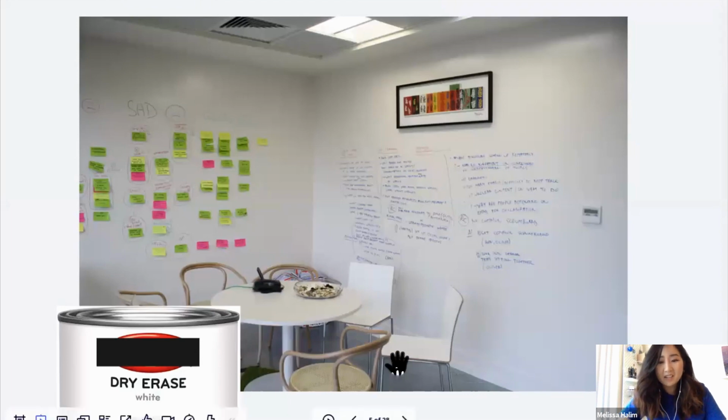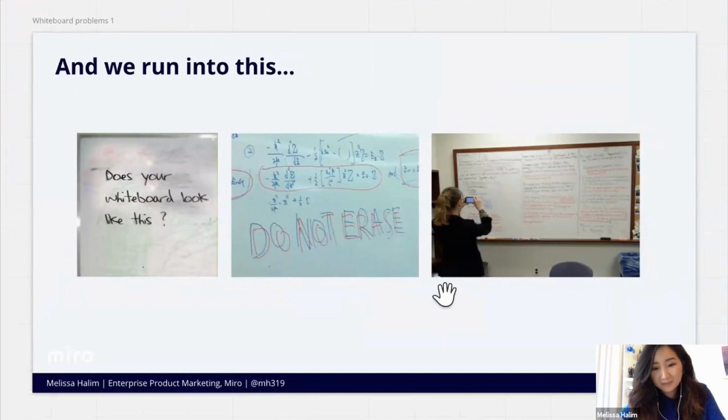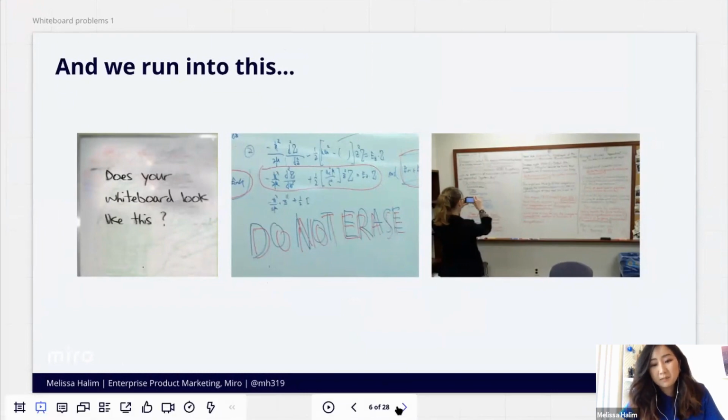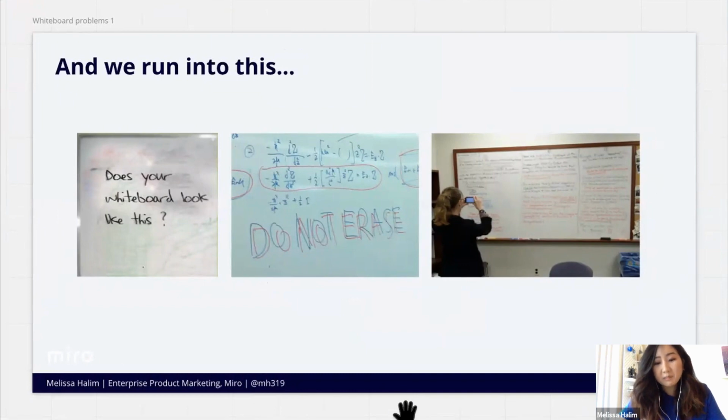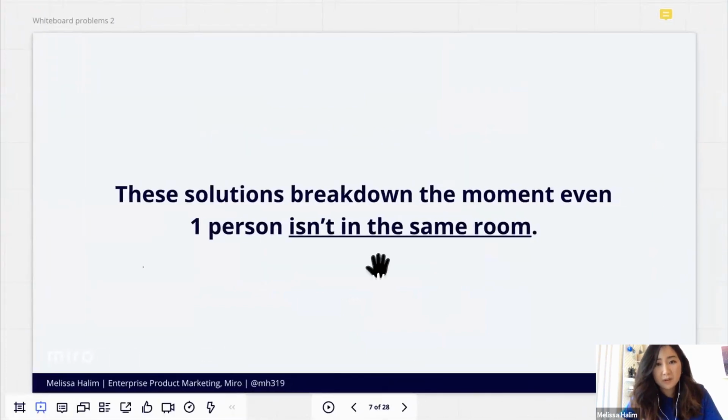It's not that these whiteboards aren't great, but you also run into issues. Does this whiteboard even look clean? Do not erase, or the infamous, let's take a picture of the whiteboard and post it on Slack and never see it again. These solutions are great to an extent, but they break down the moment one person is not in the same room.